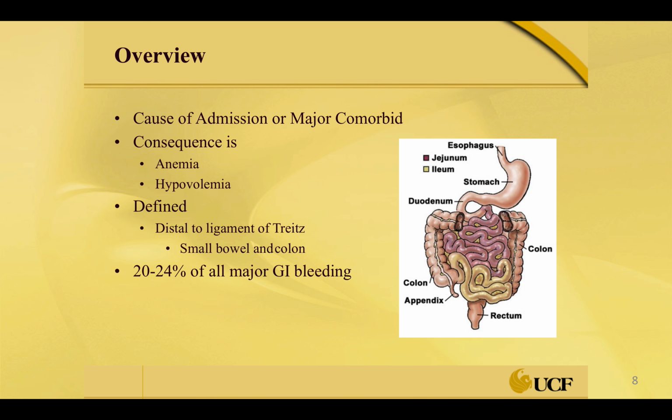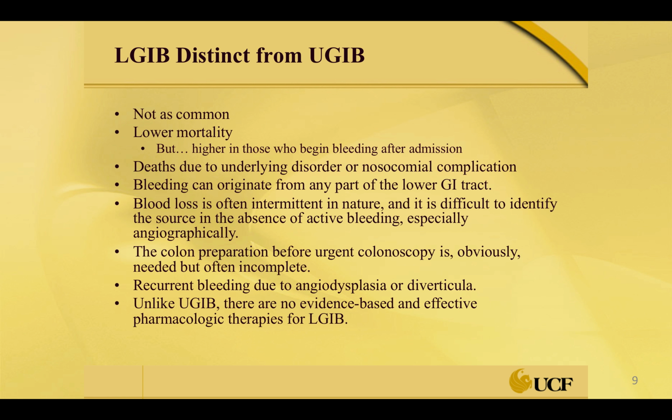Anything distal to the ligament of Treitz, including small bowel and colon, constitutes the origin for lower gastrointestinal bleed. It's also LGI comprises 20 to 24% of all major GI bleeding reported in the literature.